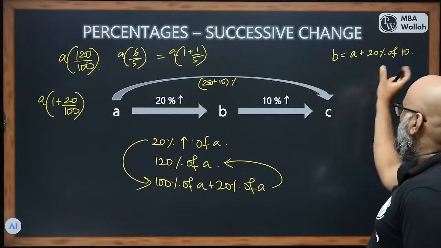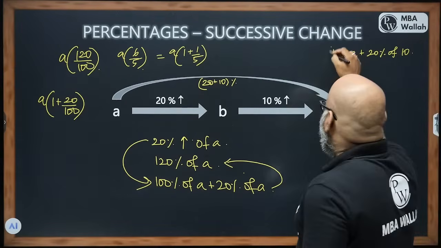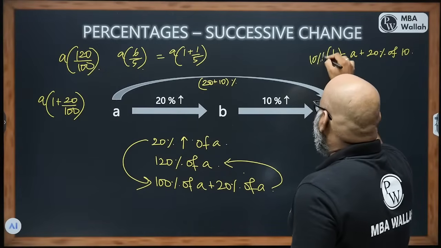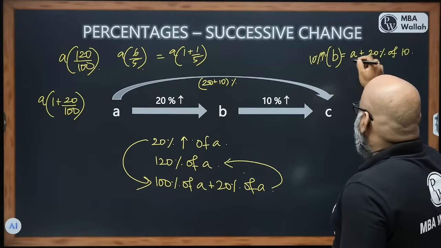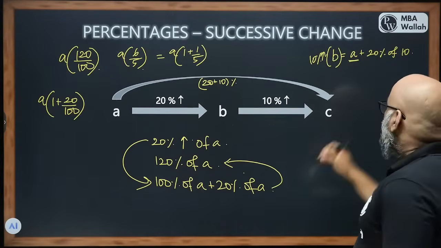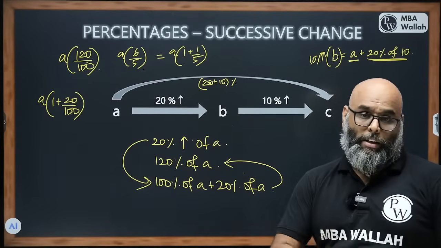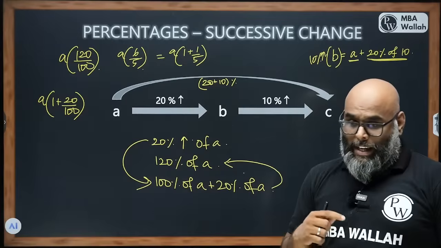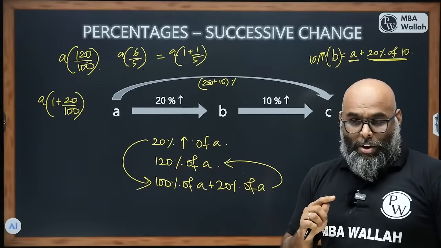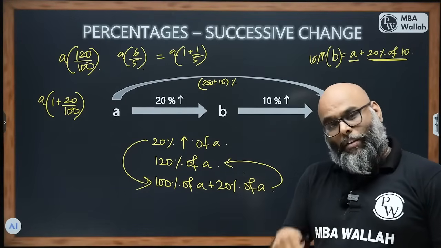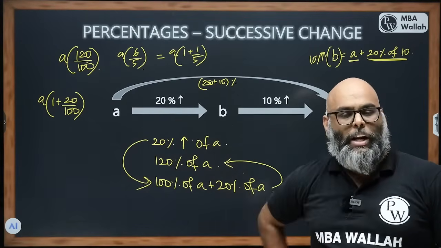This is what B is. Now, when you increase this by 10%, you are increasing A by 10%. You are also increasing the 20% of A by 10%. Remember that.